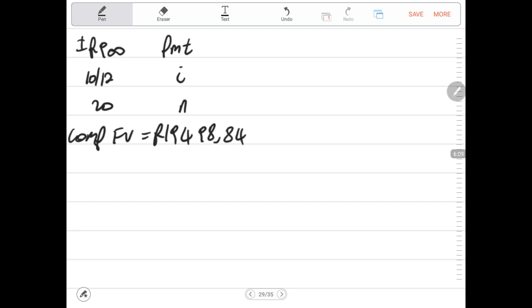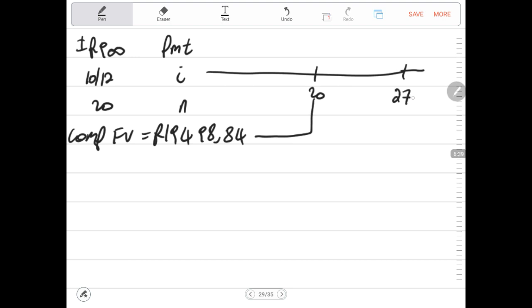19,498.84. So now this is our future value, and it's the future value at the end of month 20 when the last payment is made. Remember, I did draw a line to you and I said at the end of month 20 this is what we have in the account, but we need to know how much must be in the account at the end of month 27.